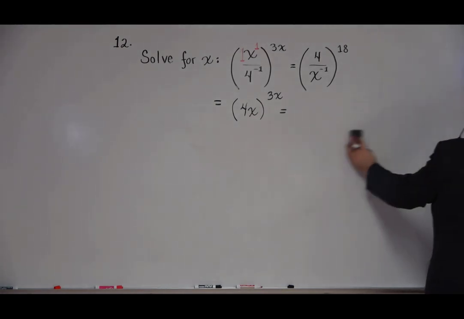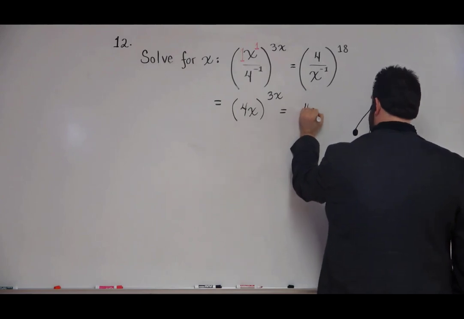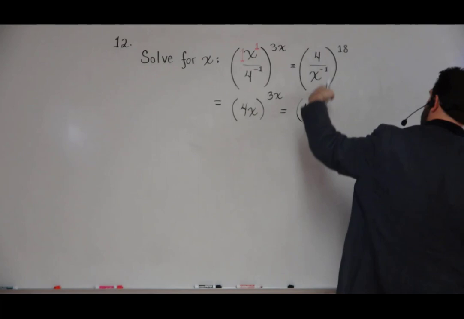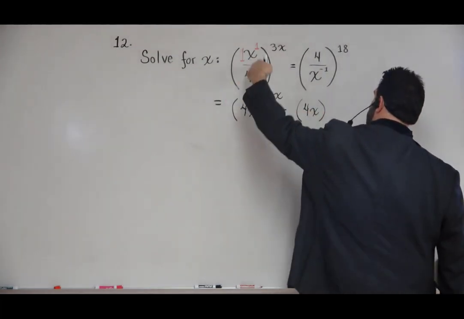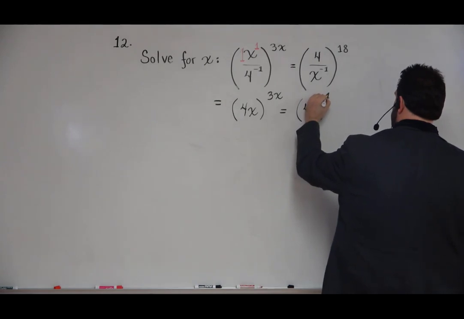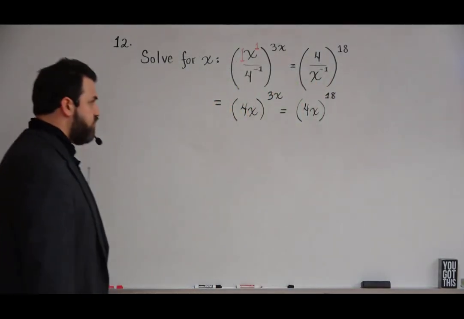And so take a look at this. Over here, I've got 4x in the parentheses. See, that's what this is, 4x. This is also 4x, okay? And this is raised to the power of 18. Now, having done that, you should notice something.